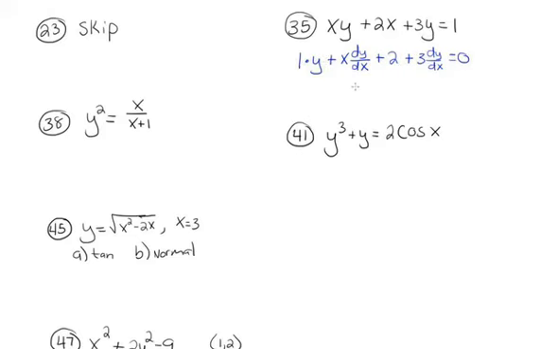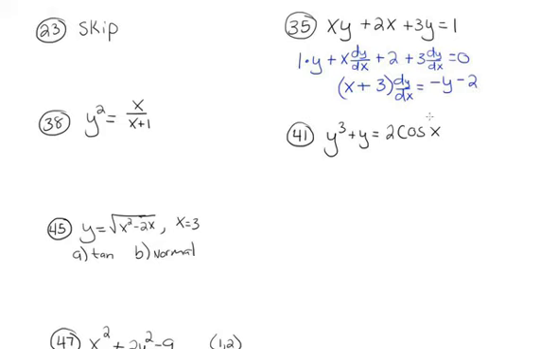Moving the values without dy dx to the other side, and I'm going to just save myself a little room here. Factor out dy dx, and what's left is x plus 3 dy dx equals, so I subtracted the y over, and I subtracted the 2.